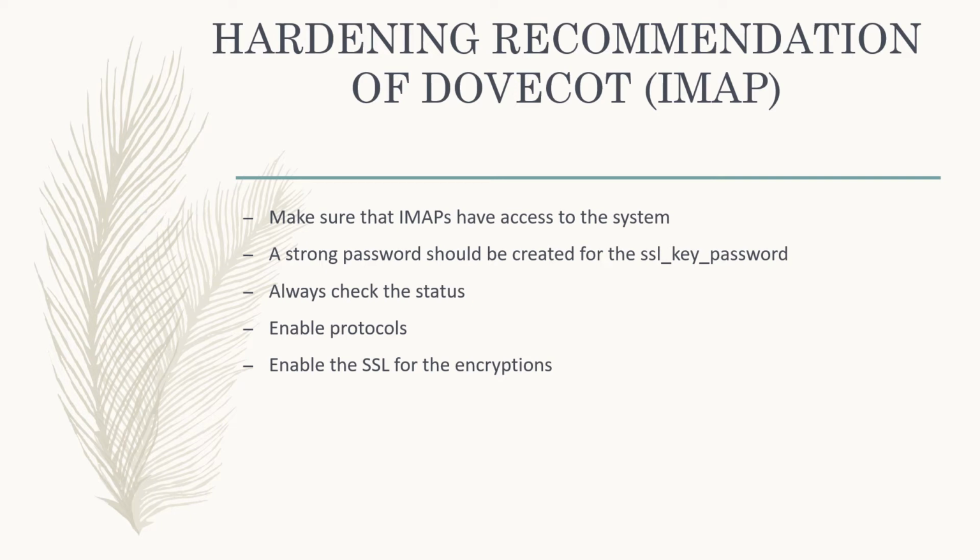You also have to make sure you check the status of the Dovecot itself every other time so that you can always keep it updated, and you can always upgrade it if there's any changes that have occurred. You also have to make sure you enable the SSL for encryption, and you have to enable the protocols too.